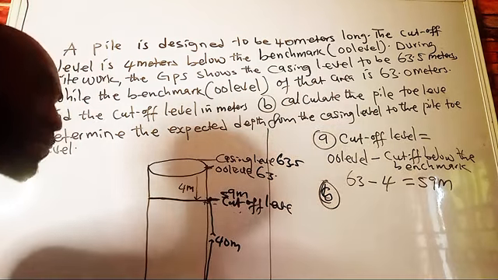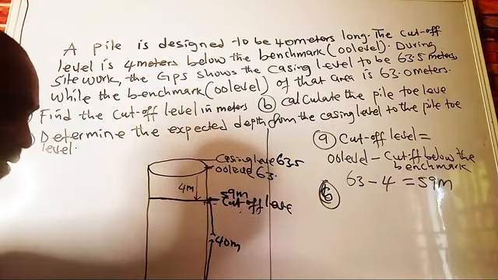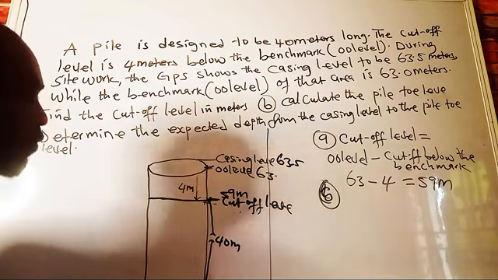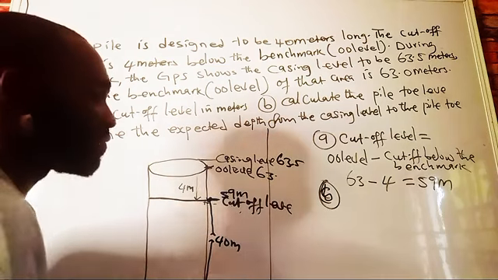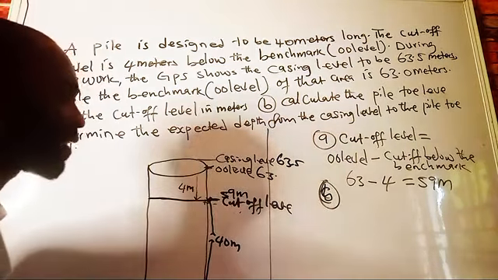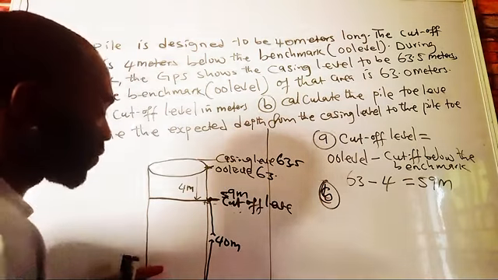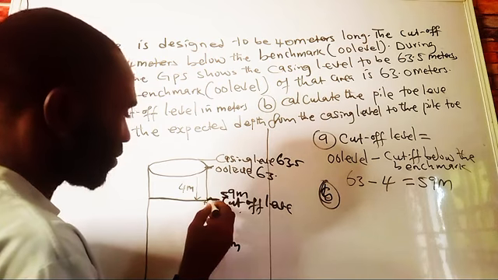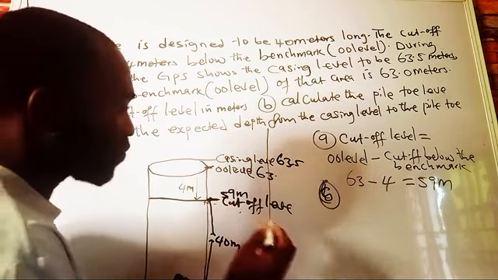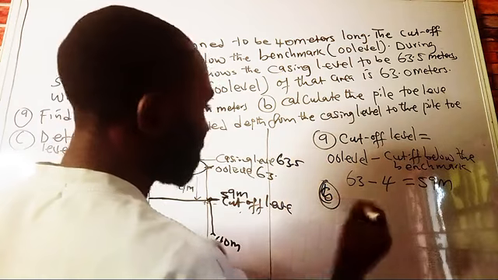How far the pile has gone down. So the toe level is here, where the pile ends. For us to have the pile toe level, you are going to subtract the cutoff level.